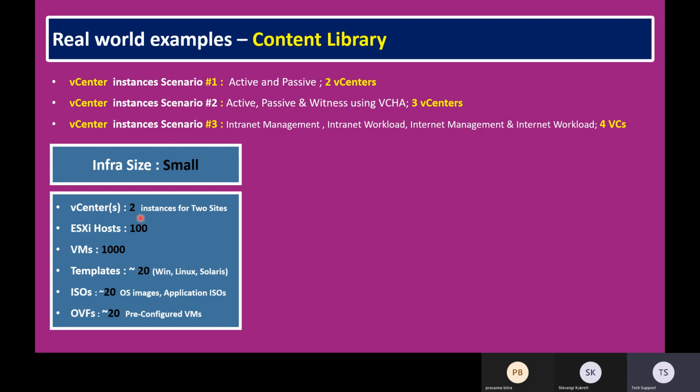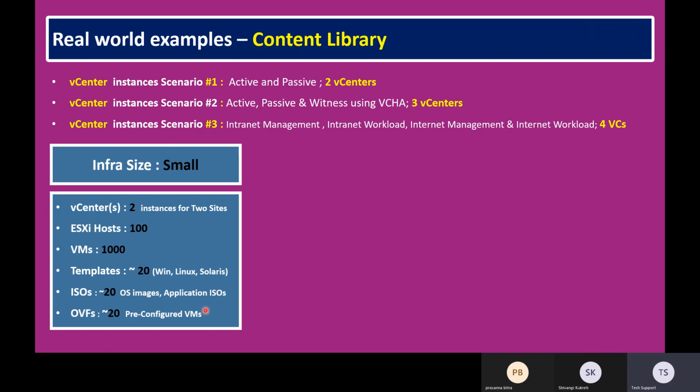And ESXi hosts, 100 ESXi hosts, and virtual machines, 1000 virtual machines. On average, if you are maintaining 1000 virtual machines, you may have a mix of multiple flavors of operating systems, and you can maintain approximately 20 templates, and ISO files also, 20 OS images.